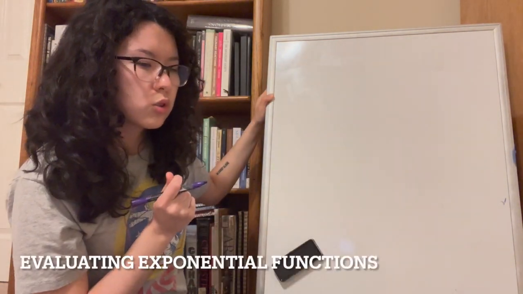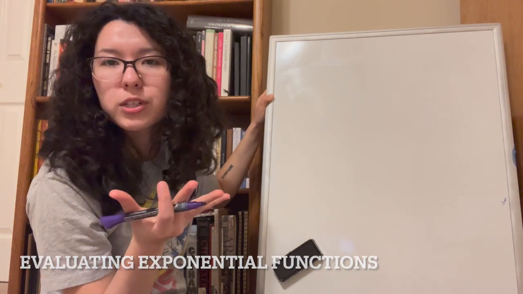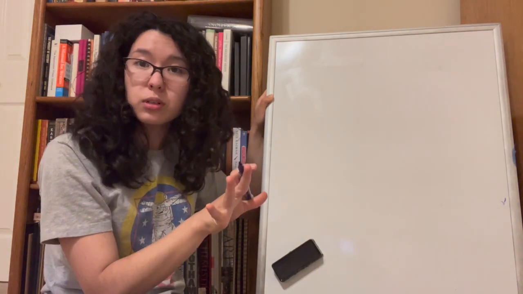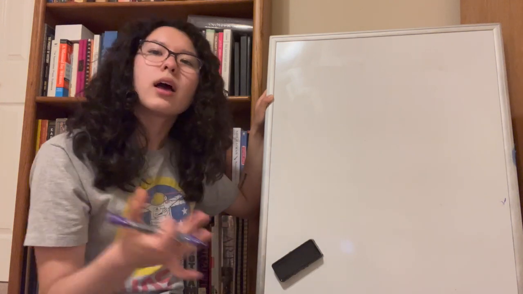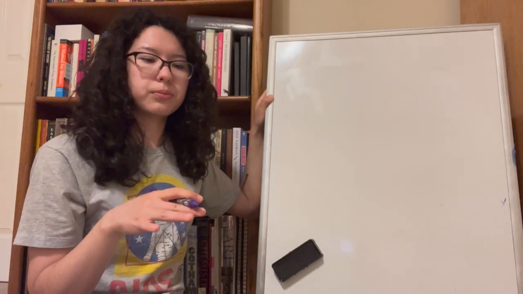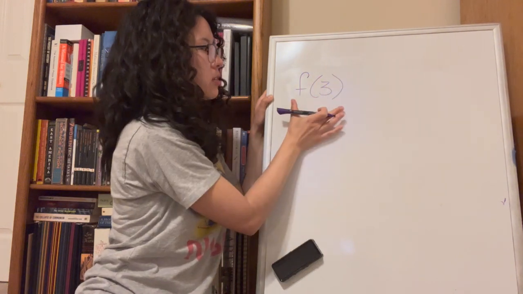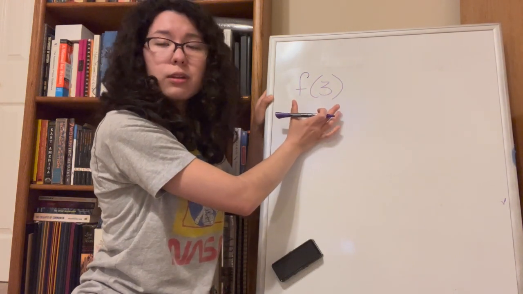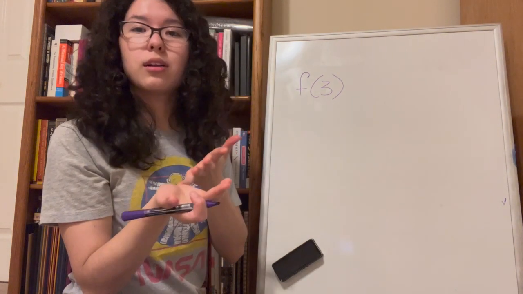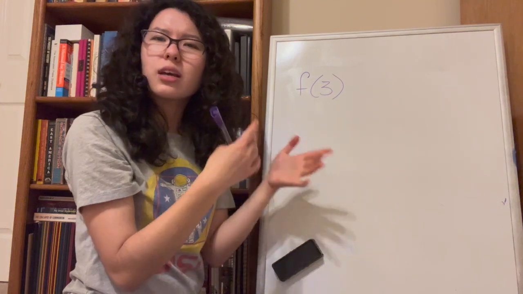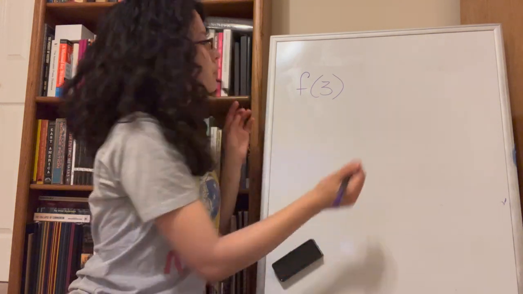All right, so according to the order of operations, we first will perform the operation of exponents or powers, and then we'll do multiplication. So if we had f of 3, and you guys might remember or might not remember, but in function notation, when we're plugging in a number, we plug it in where the x used to be in f of x, just to say when we take the function of 3.